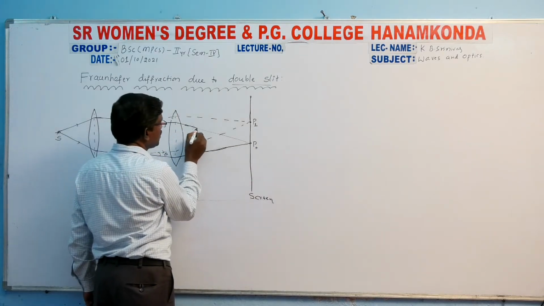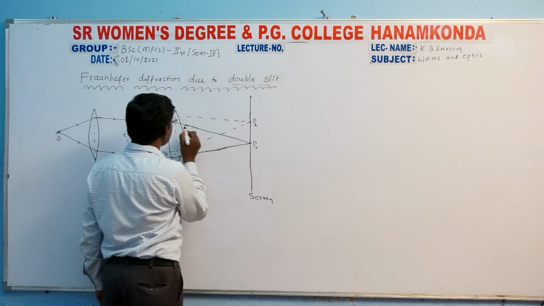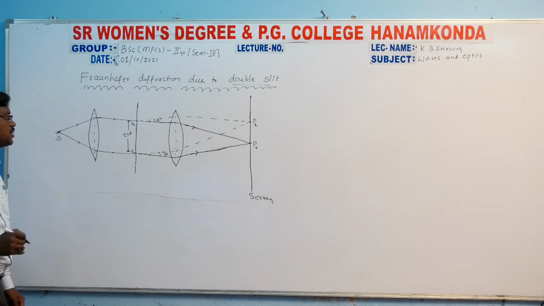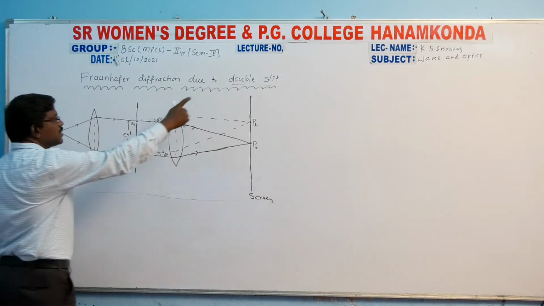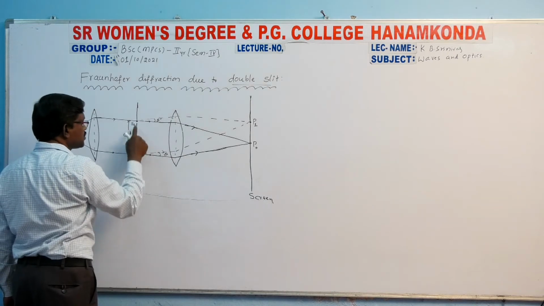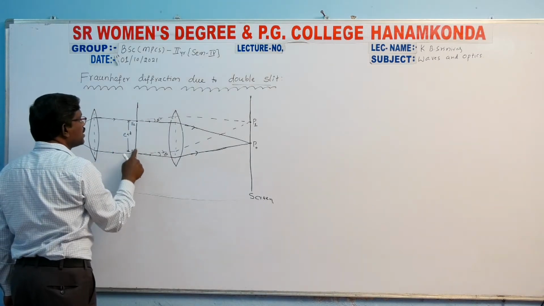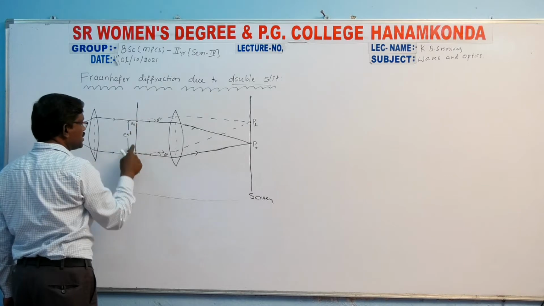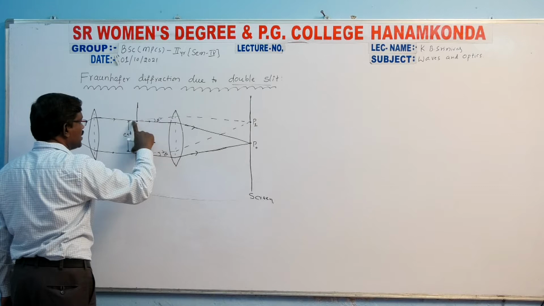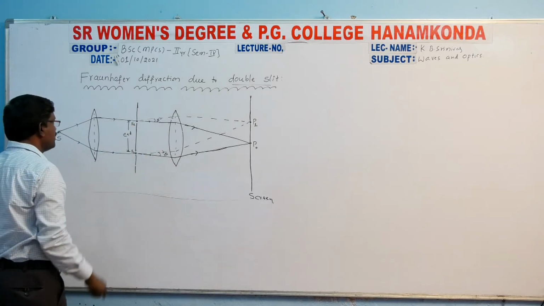So this is the way to represent a ray of light. Is that clear? Right. So I have considered a double slit whose individual widths are small e, and let the slits be named S1 and S2. The distance between the two slits I am representing by e plus d.